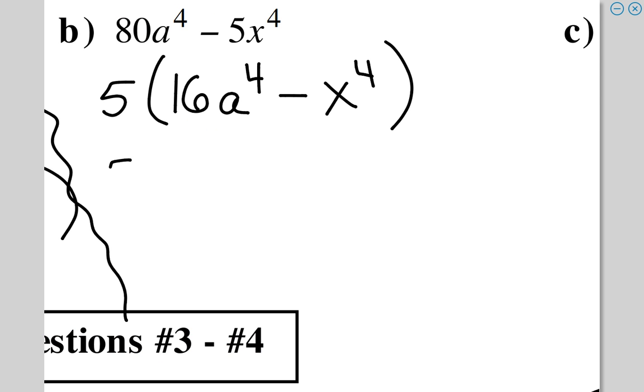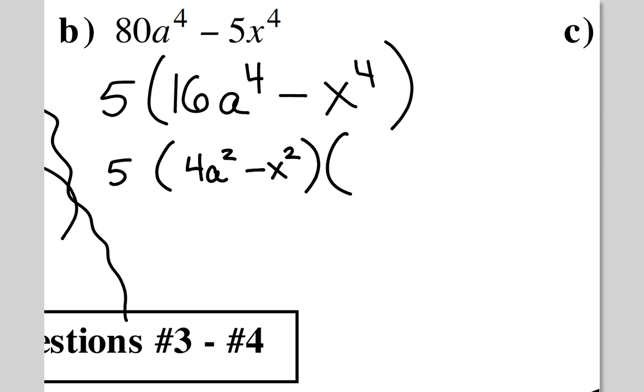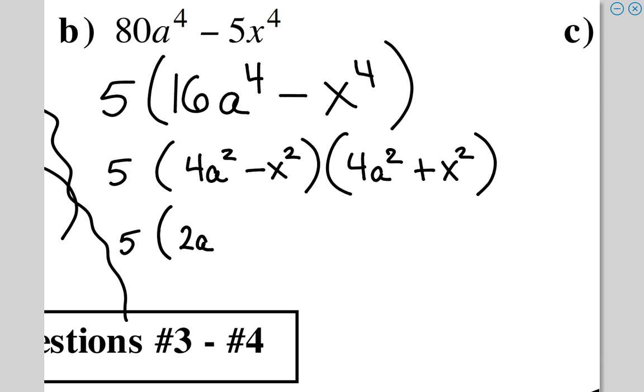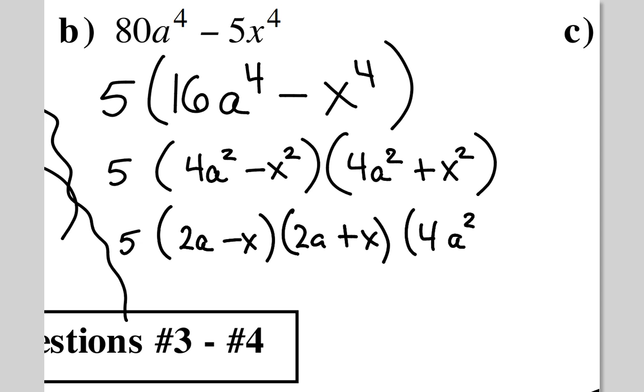The answer is yes. Bring the GCF along for the ride. You have 4a2 minus x2, 4a2 plus x2. Am I done? Keep going, right? On which one? The first one. So you have a 2a minus x, 2a plus x. And then that last one you have to leave because it's a sum. So we don't touch the sums.